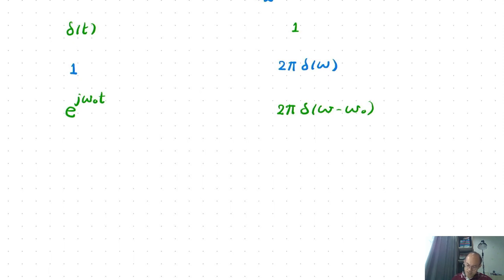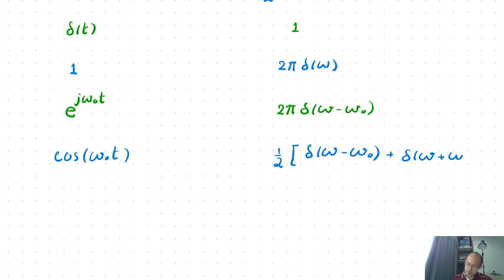And cosine of omega 0 t has the Fourier transform of 1/2 delta omega minus omega 0 plus delta omega plus omega 0.